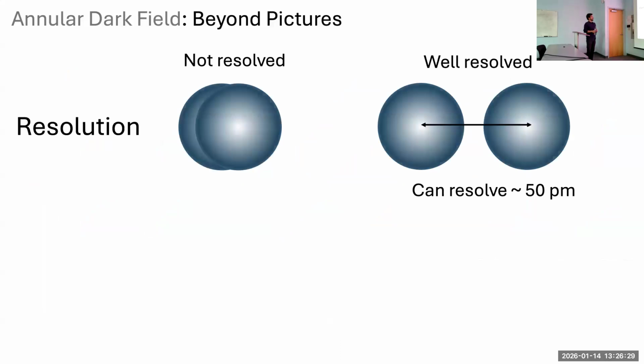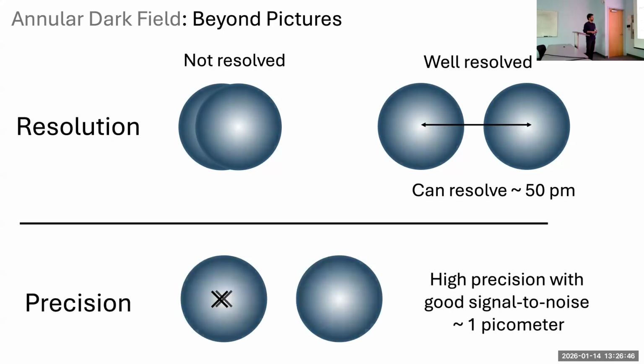So what I want to show you next is that, even though obviously we have resolution below 1 angstrom, so we are able to resolve distances less than 1 angstrom, typically we can reach 50 picometers, so that's 0.5 angstrom. However, we can also detect the centers of the atoms over the atomic columns with precision that is much higher than the imaging resolution.